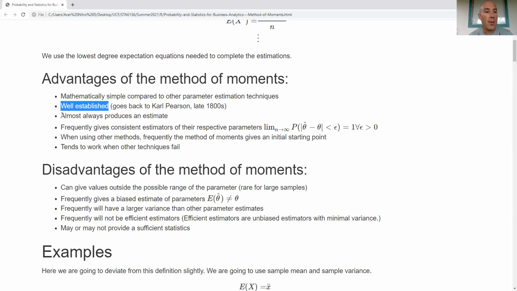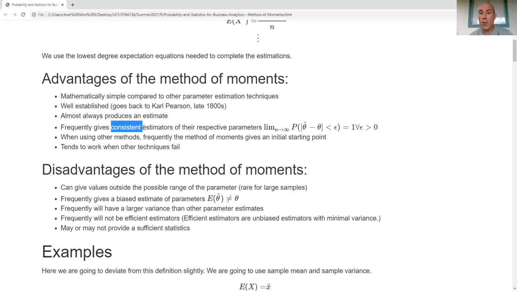Something that's nice about this is that it almost always produces an estimate of some form. With other techniques, mathematically, it might not work out, or computationally, I might have problems just getting the computer to compute it. We can get some very complicated estimates with different methods, and the method of moments, because it's so much simpler, is almost always going to give me something.